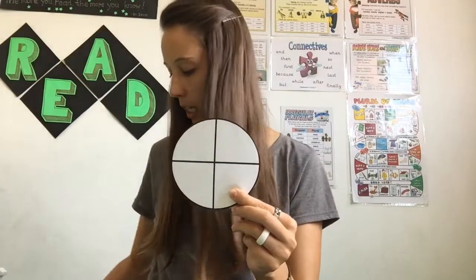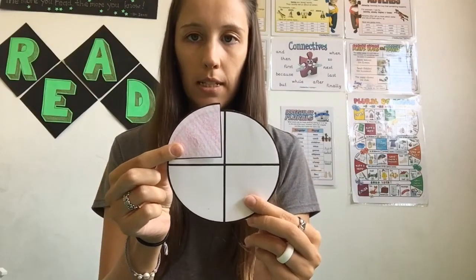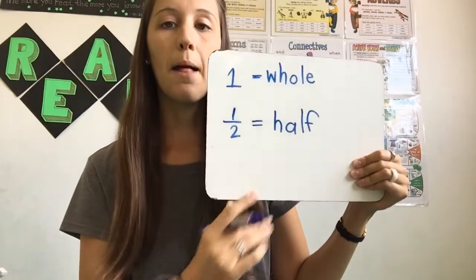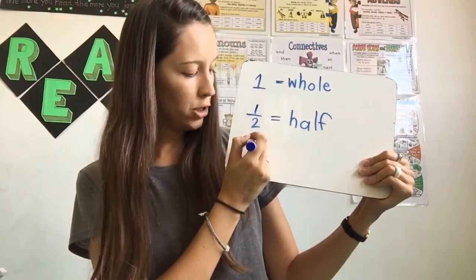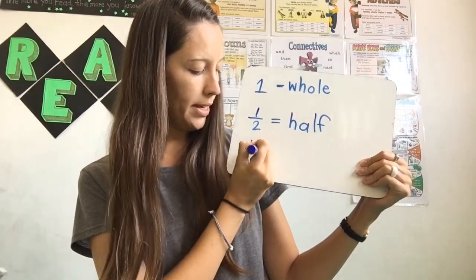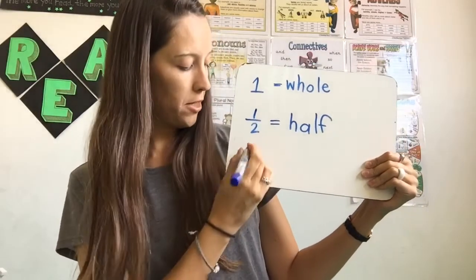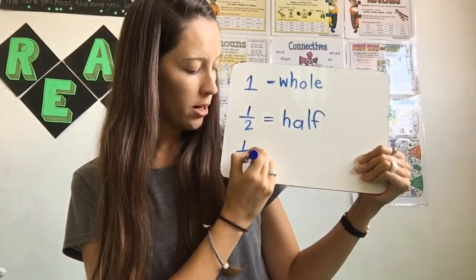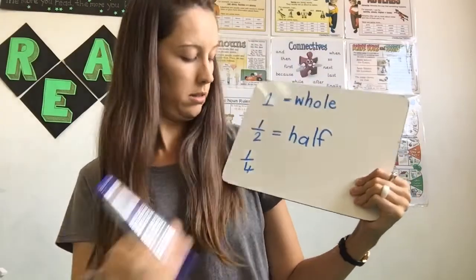I get to keep 1 of the 4 pieces. Let's see when I write the number. At the top, I get to keep 1 of the 4 pieces.